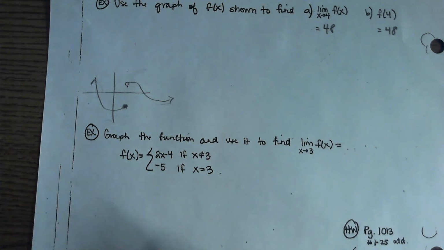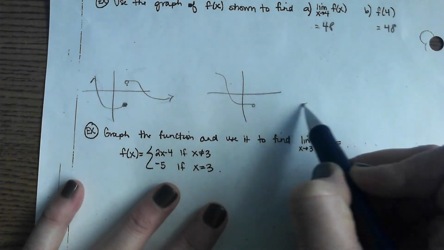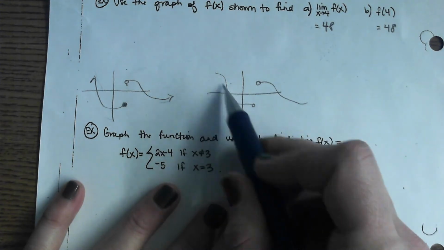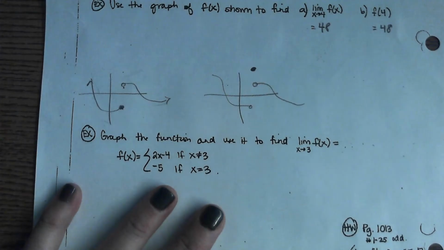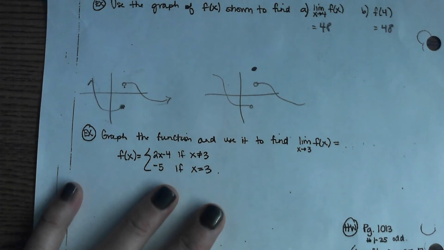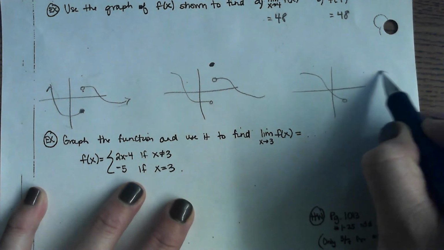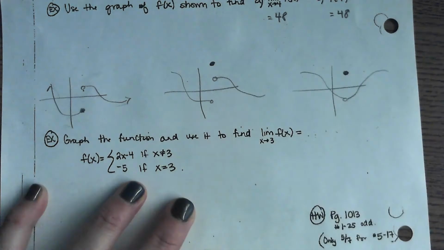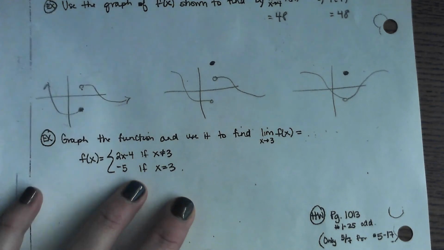You could have a limit from the left and a limit from the right that are different, and the function value could be totally different in a piecewise function. So all three of them could be different. Or you could have the two limits, from the left and from the right, have the same intention, but the actual function value is different. So lots of different scenarios.